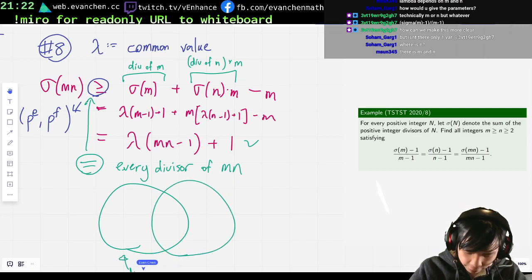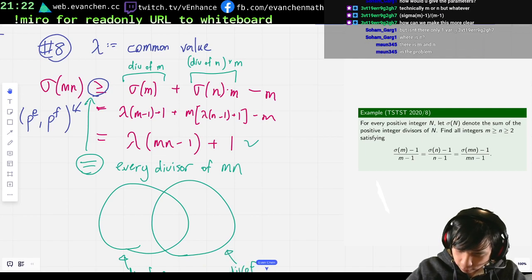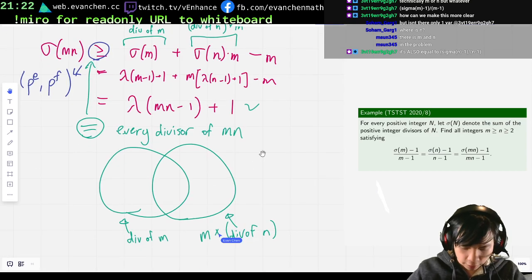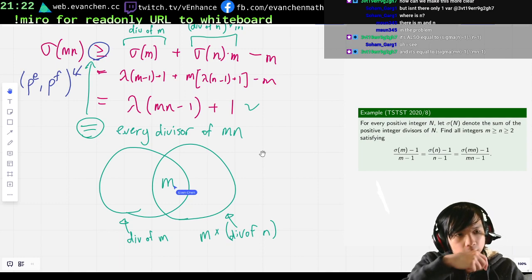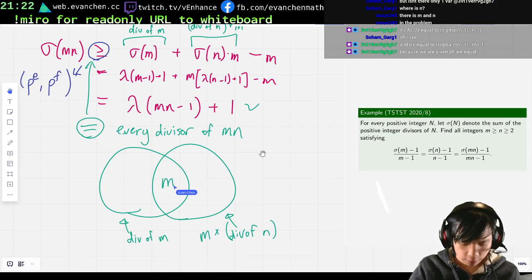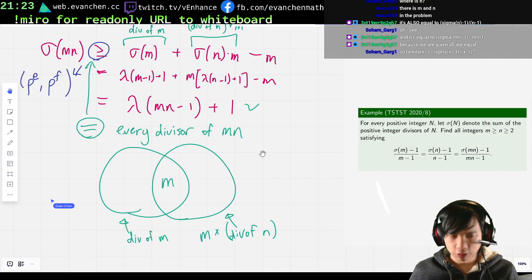This is divisors of m, this is divisors of n times m, and they intersect only at the number m.